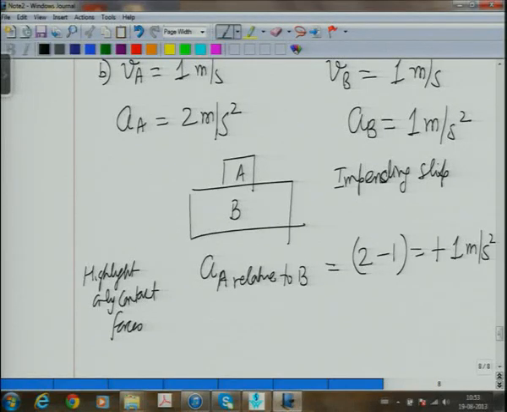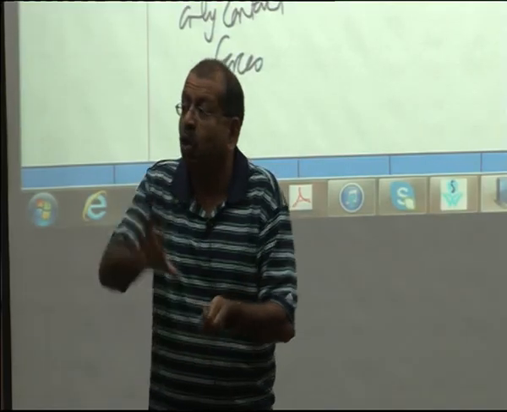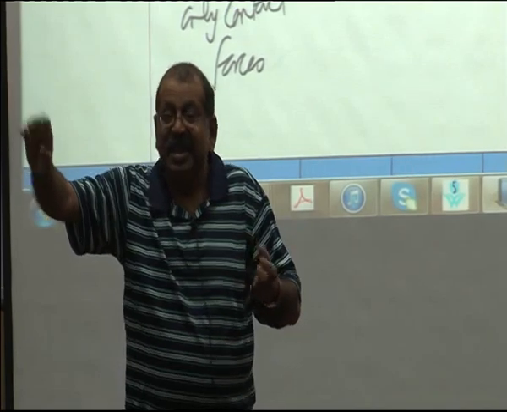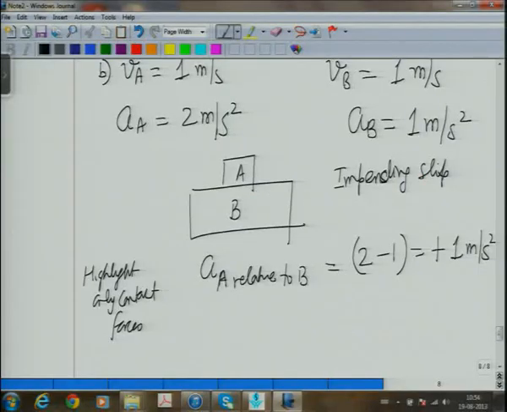Even though the block itself is moving in the forward direction, at the top contact the friction force will be in the forward direction. So you don't have to go by the overall motion of the block to find the friction force.